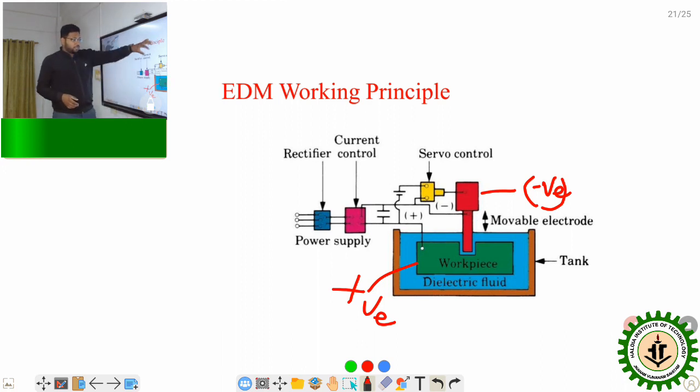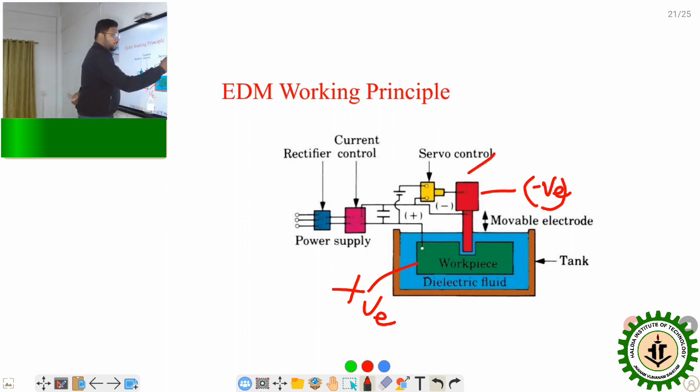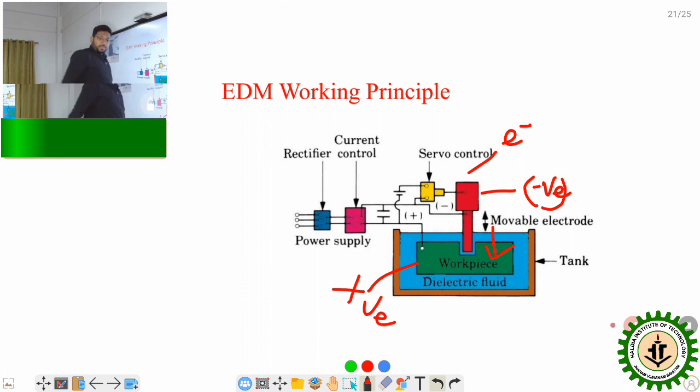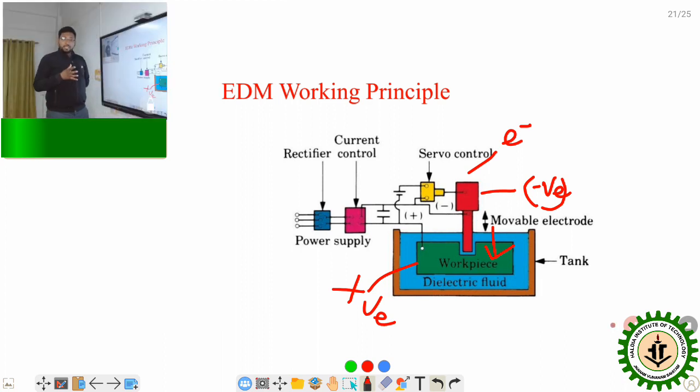So when the current is passing through the tool and the workpiece, what happens? As this is a metal, the free electrons start to move in this direction. And when a huge number of electrons start to move, they create a plasma channel.